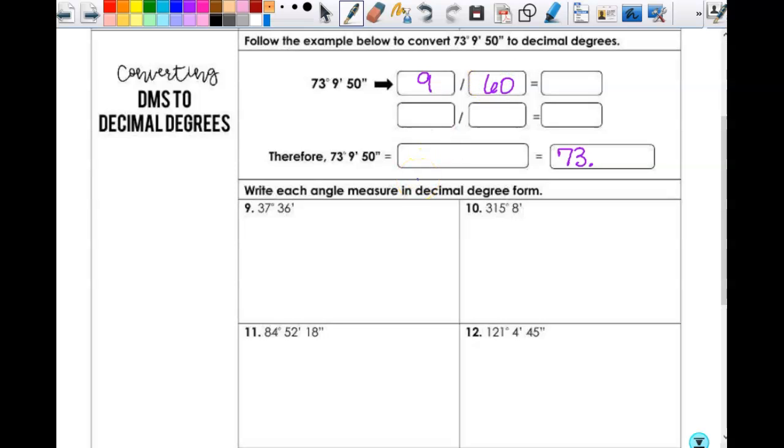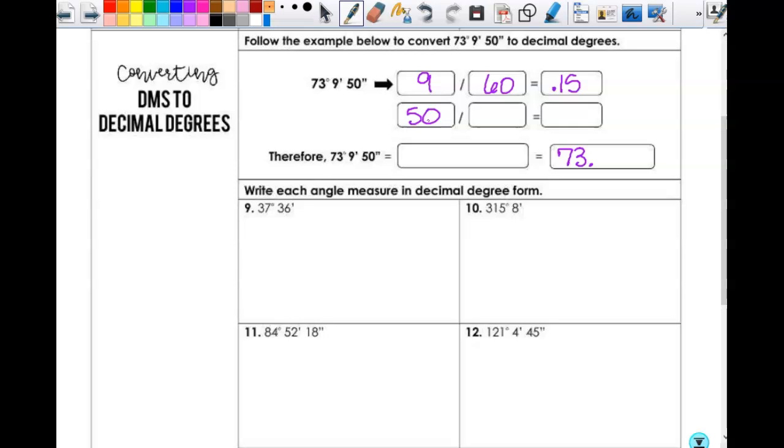Okay. And when I do that, what do I get? 0.15. Okay. And then I'm going to take that 50, and I'm not dividing it by 60, because on the front, technically the seconds we multiplied by 60 twice, right? Because we multiplied, then we had to multiply again.